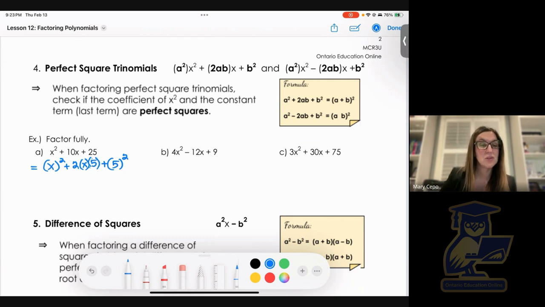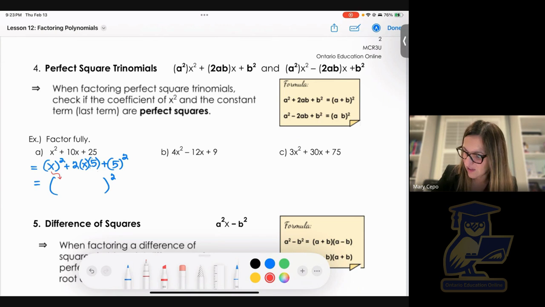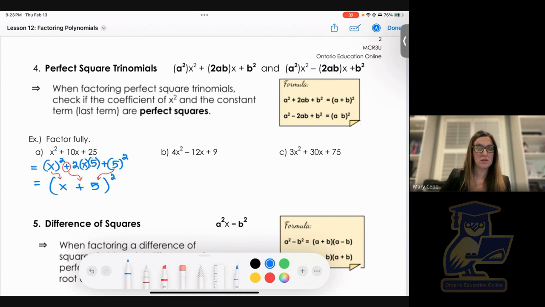It absolutely is. So this would be a binomial squared. What are the terms of my binomial? We would take the x, we take the 5, and we take the sign of our middle term. So therefore, this would be x plus 5 all squared.